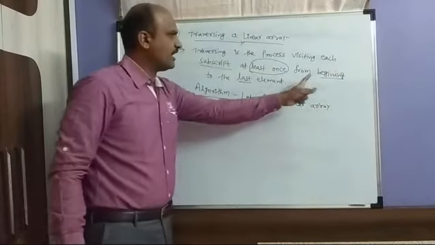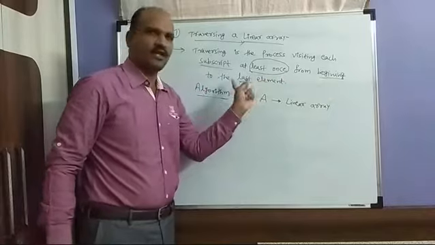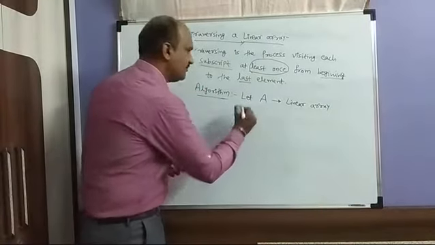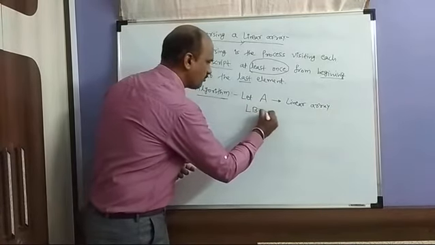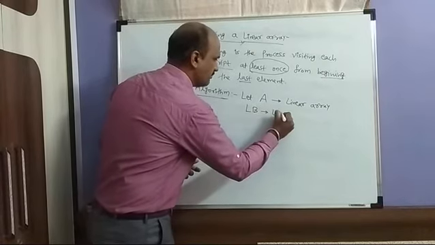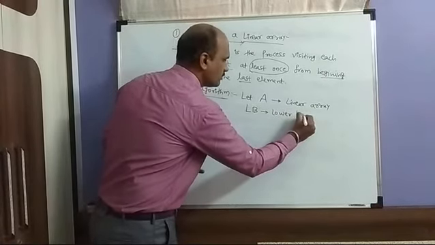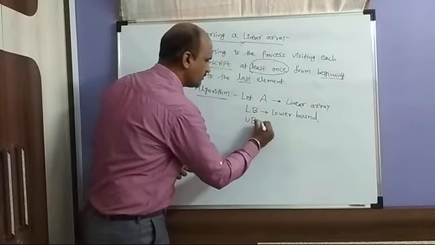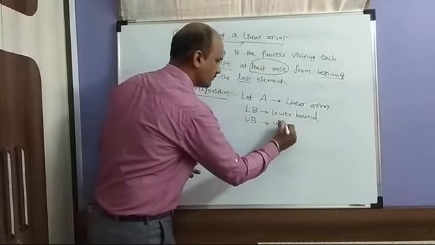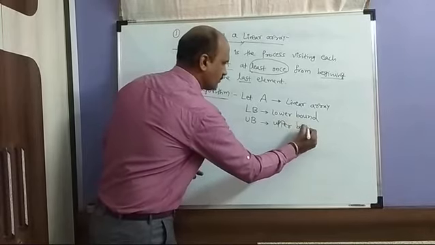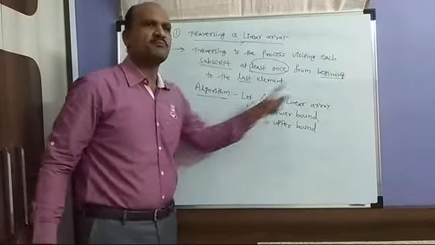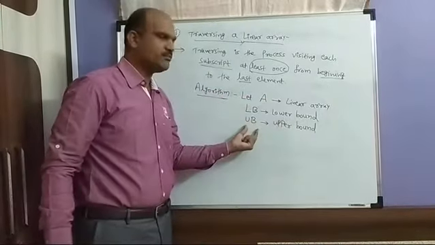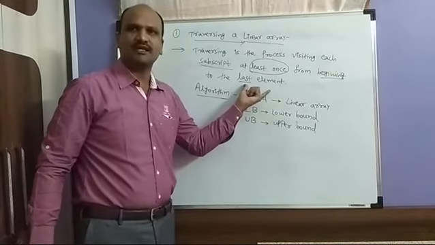Then, as I told you, from beginning to end, they are taking LB. LB means lower bound, and there is UB. UB means upper bound. So here LB means the beginning of the array, UB means the end of the array.